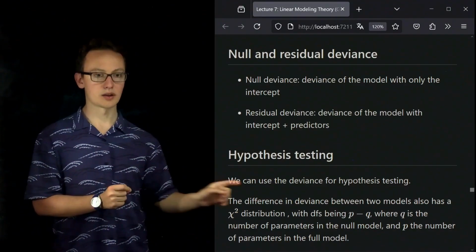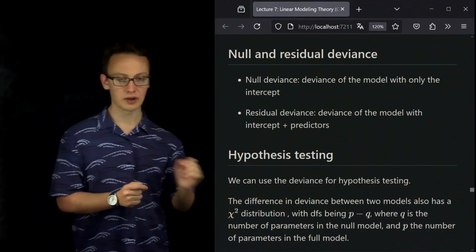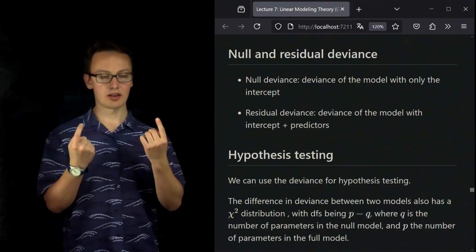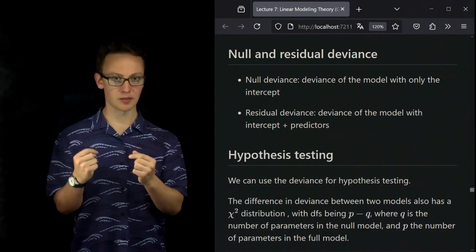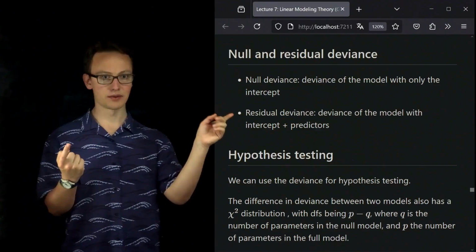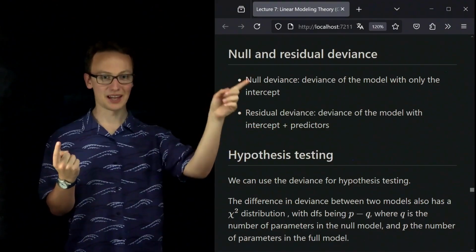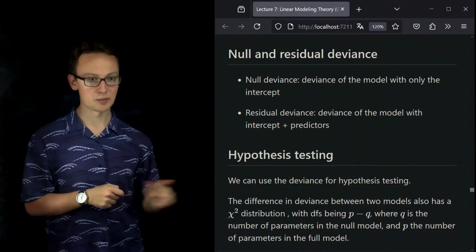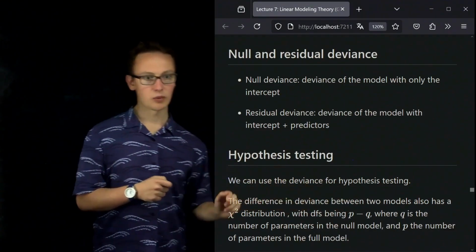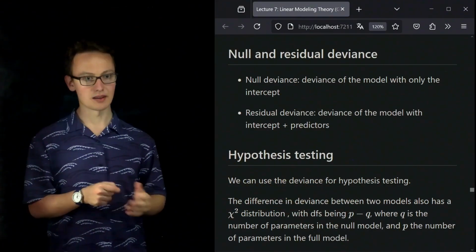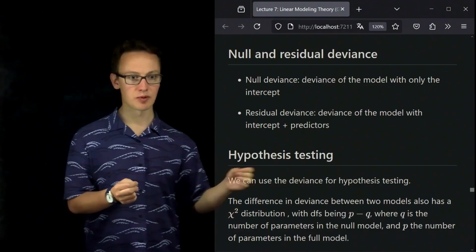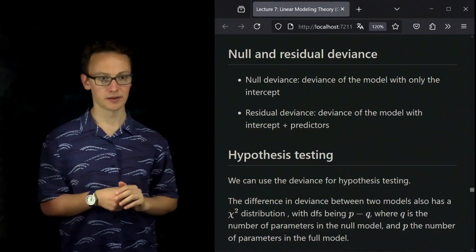The corresponding degrees of freedom that we need when we look at a difference between two deviances, for example, the difference between the deviance of the residual, or the alternative model, and the null model, would be P minus Q, where Q is the number of parameters in the null model and P is the number of parameters in the full model, okay?